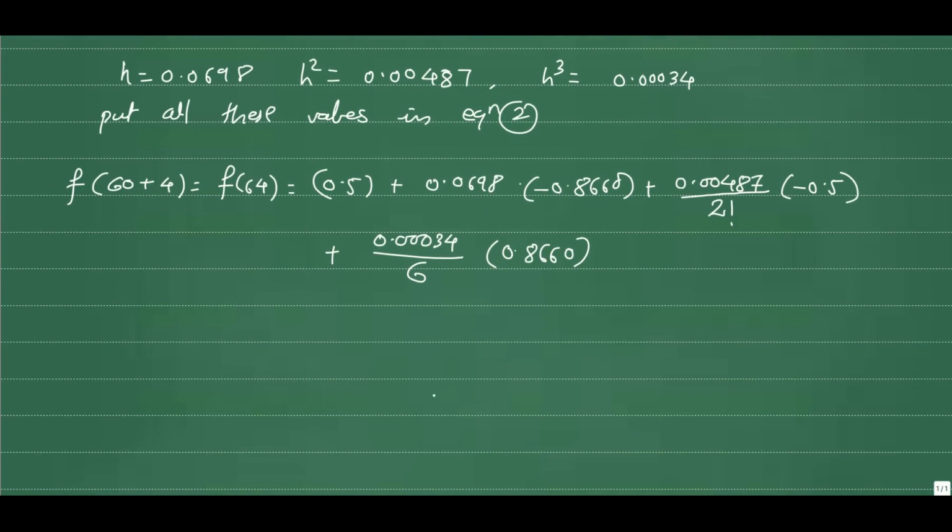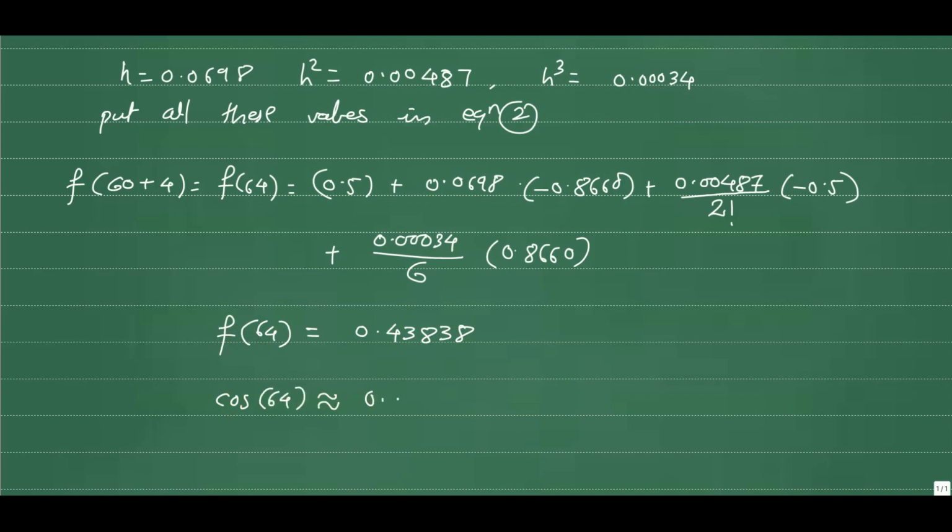Okay, so when we do all these calculations, it will give us 0.43838. All right, this is what our f of 64 is, or what was that? f is cos of 64.